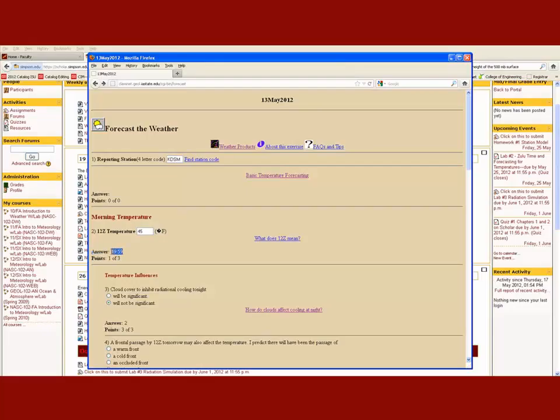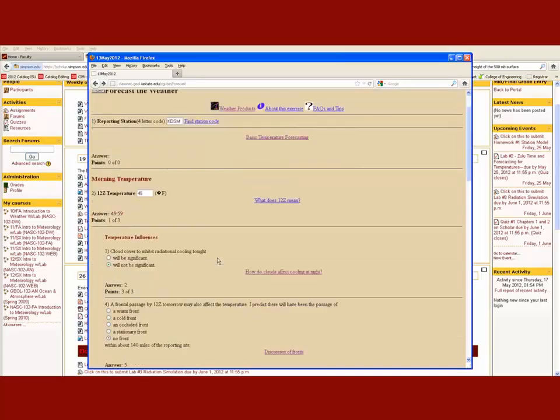If 49 to 59 is the range, it would be halfway in between. So the actual temperature for the 14th of May, which was the next day, was 54. Minus 5 would be 49, and plus 5 from 54 would be 59. So you get a plus or minus 5, so you don't have to nail it dead on.